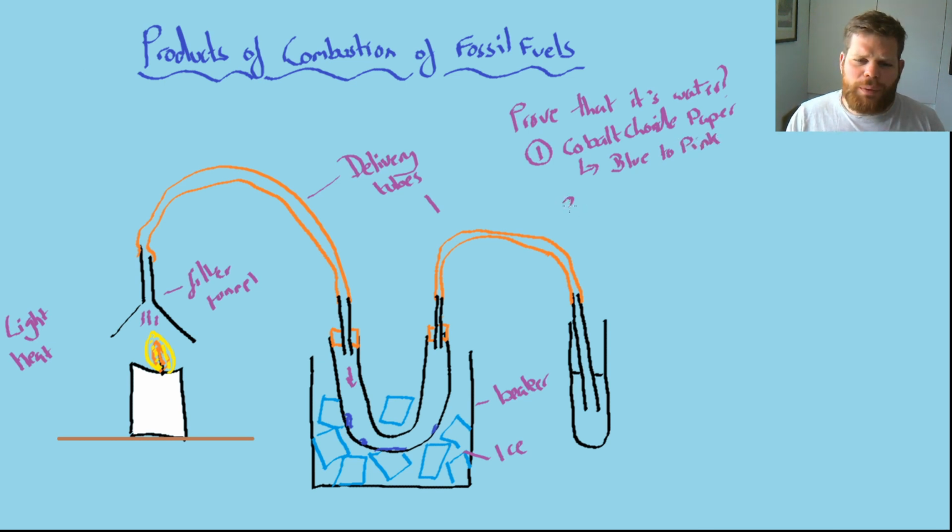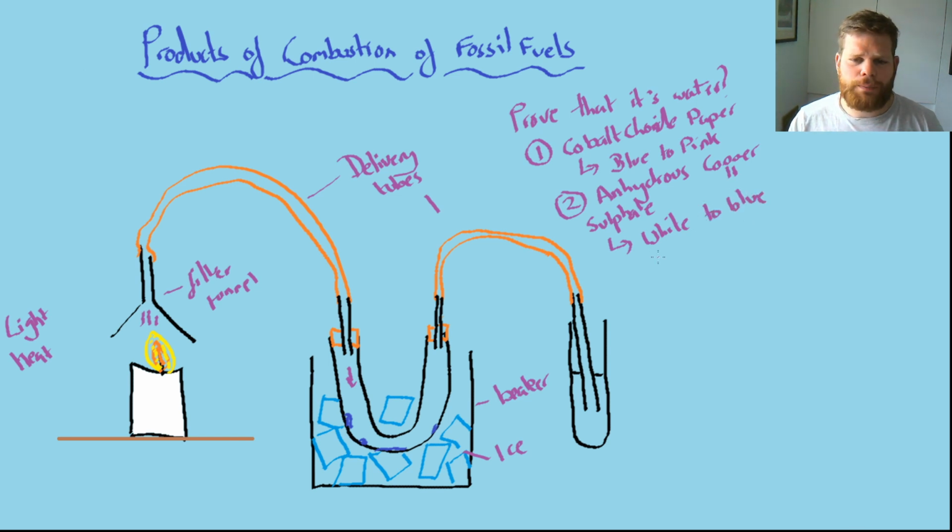The second thing we can do is add it to anhydrous copper sulfate, and anhydrous means without water. Anhydrous copper sulfate is white, and if we add water to it, it goes blue. So again, we see another little colour change.